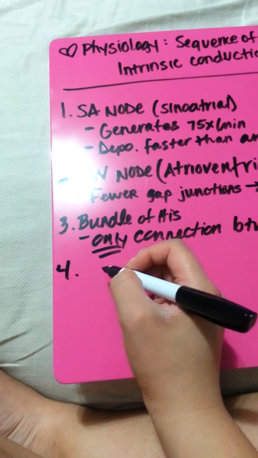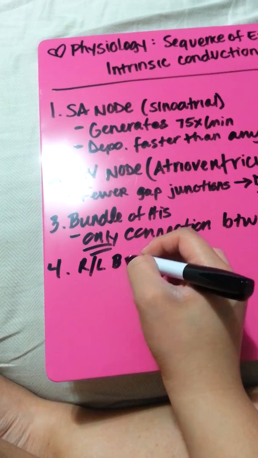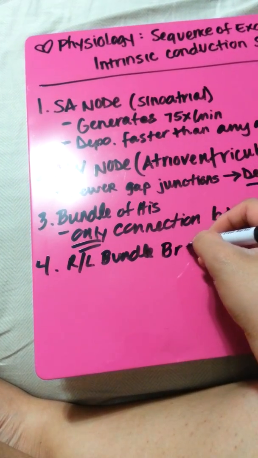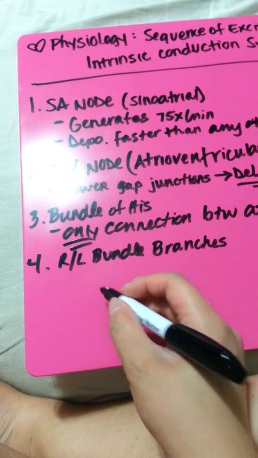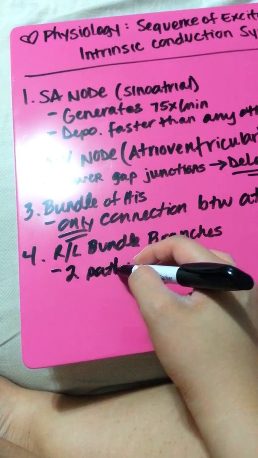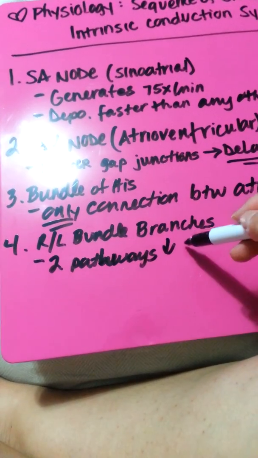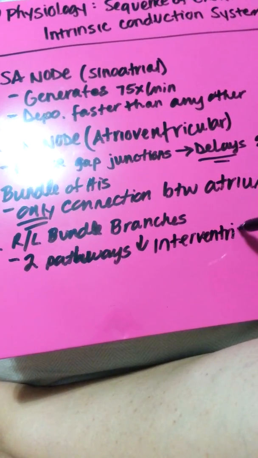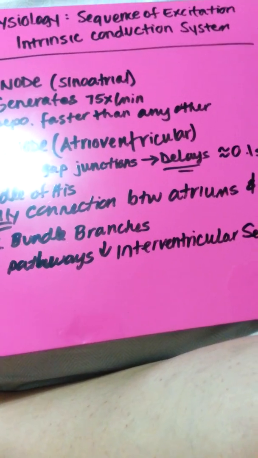The fourth one is the right and left bundle branches. And this is basically 2 pathways down the interventricular septum.